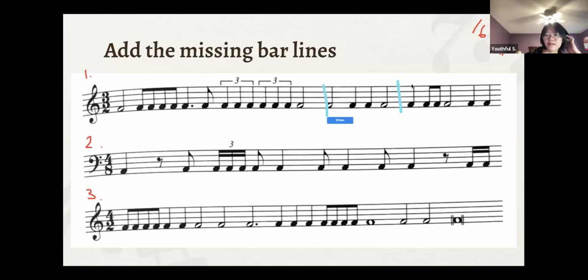Then you can message to tell me where you want to draw your bar lines. But I guess that will be difficult.